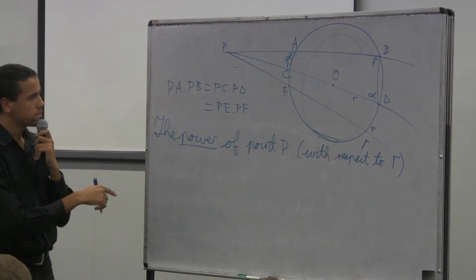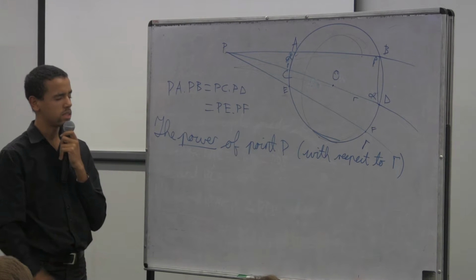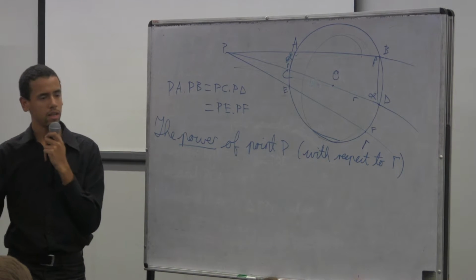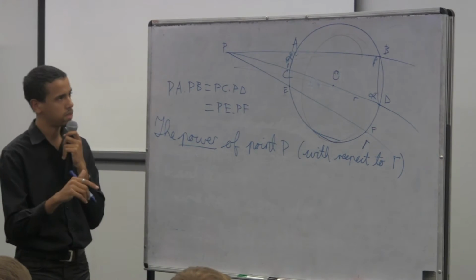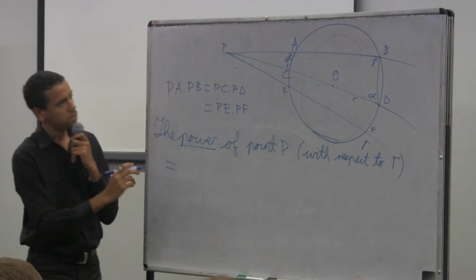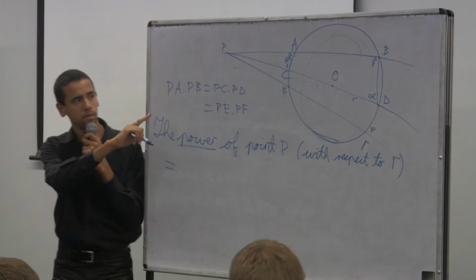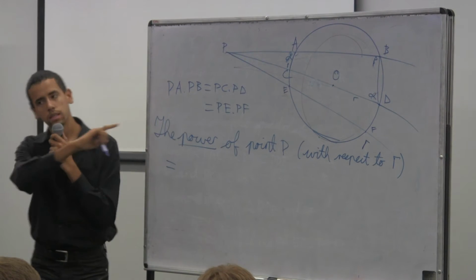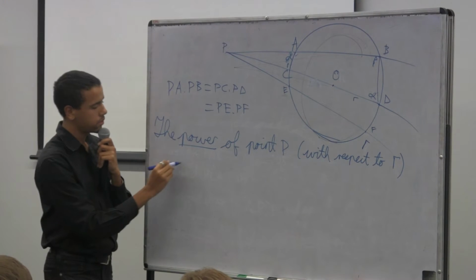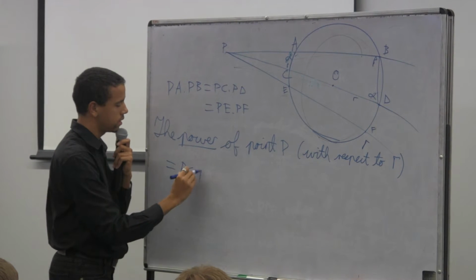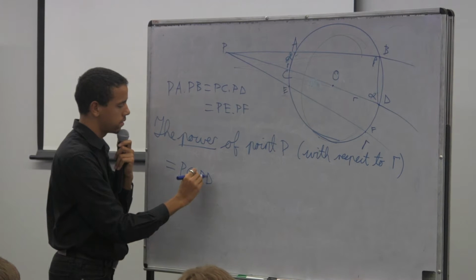Now, this power of the point, I don't want to introduce you to notation when it actually turns out to be the bad one. So let's just call it the power of the point is equal to, if we're in the special case where that COD is actually the diameter, PC times PD.